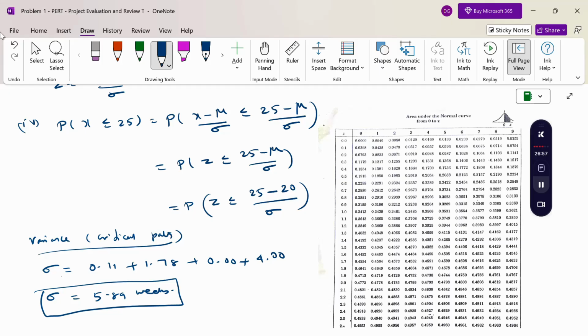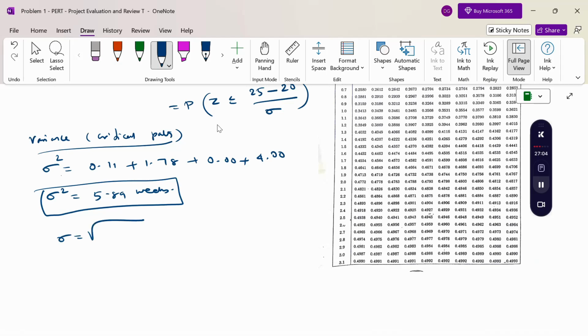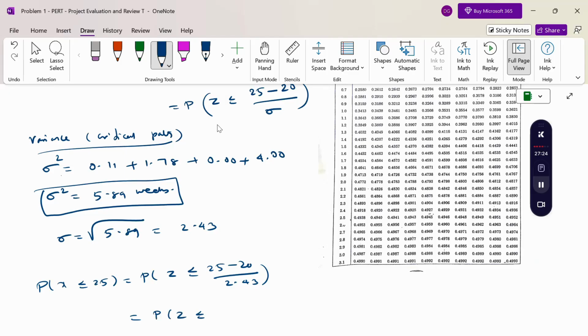From this variance, to calculate sigma, the square root of 5.89 equals 2.43. Therefore the probability of x less than or equal to 25 equals the probability of z less than or equal to 25 minus 20 by 2.43. Using the calculator, 5 by 2.43 is 2.06.